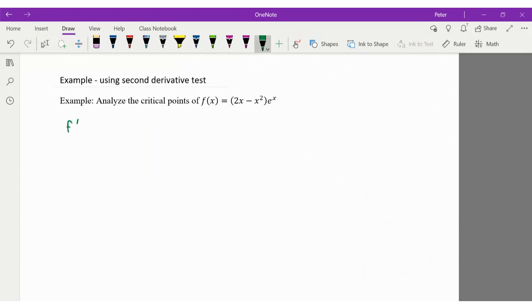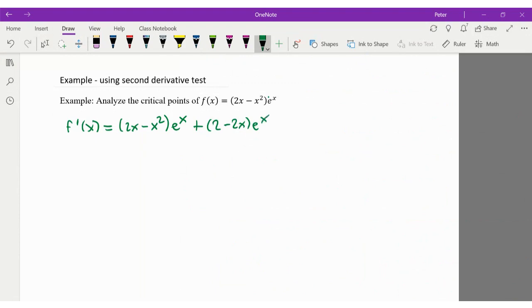So we're going to find f prime of x. And just using the product rule, because this is in fact the product of two functions, this is going to be (2x minus x squared) e to the x, plus (2 minus 2x) e to the x.